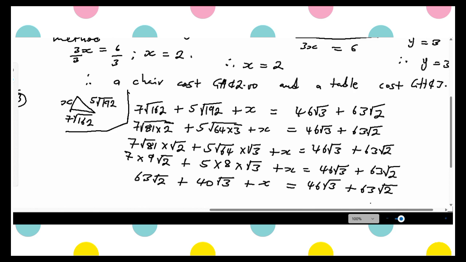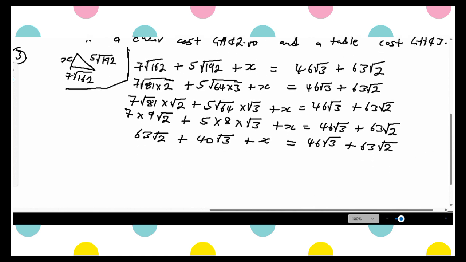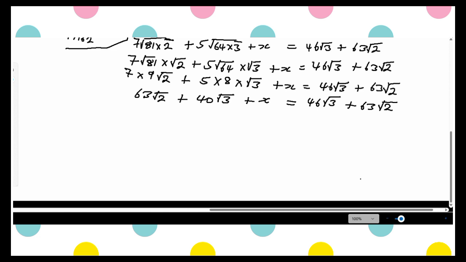Right, then now we can find the value of x by letting x stand alone. Since we have simplified, we can see that we have root 3 at the left hand side and also a root 3 at the right hand side, and a root 2 at the left hand side and also a root 2 at the right.